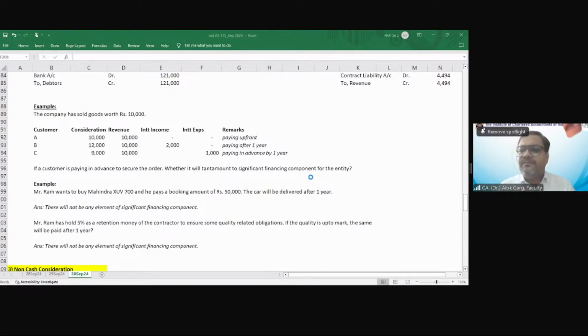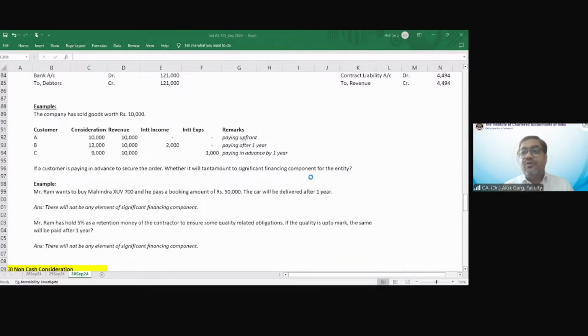Number three, the entity is announcing an early bird offer, and typically in the flight business, when you book the flight early, for example, you want to travel to Nepal after 3 months. If you book the ticket today, you will get a better price. If you book the ticket after 1 month, comparatively, the price will be costlier than today.